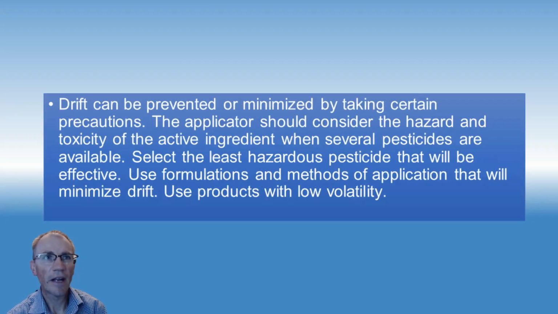Drift can be prevented or minimized by taking certain precautions. The applicator should consider the hazard and toxicity of the active ingredient when several pesticides are available. Select the least hazardous pesticide that will be effective. Use formulations and methods of application that will minimize drift. Use products with low volatility.